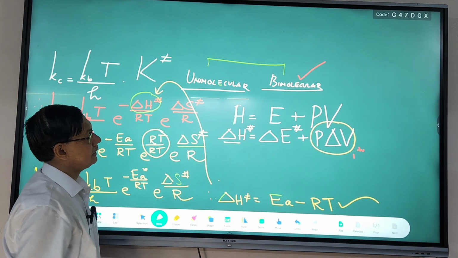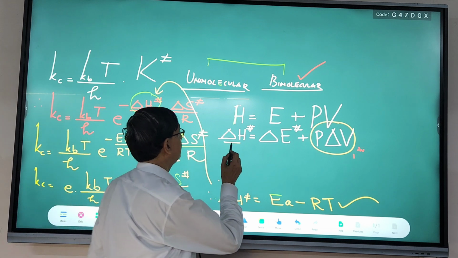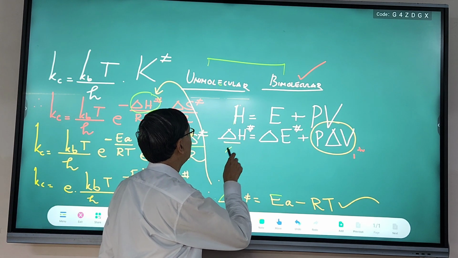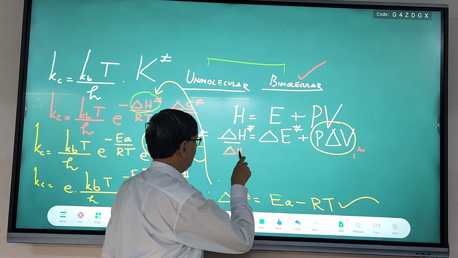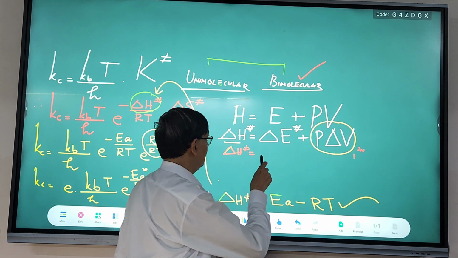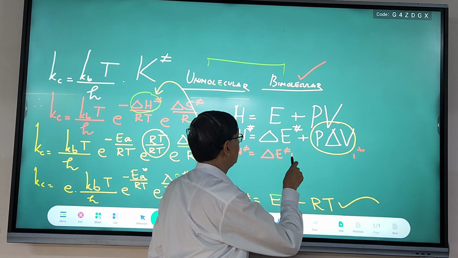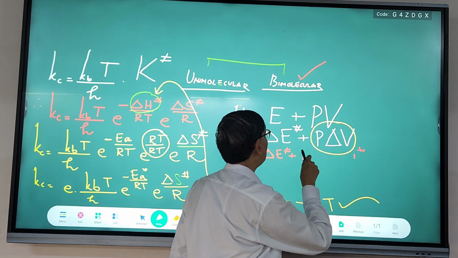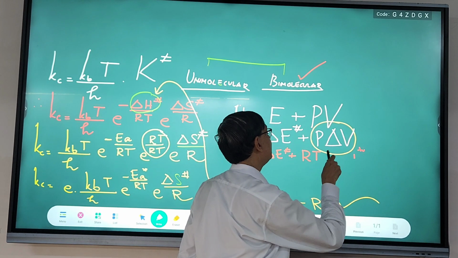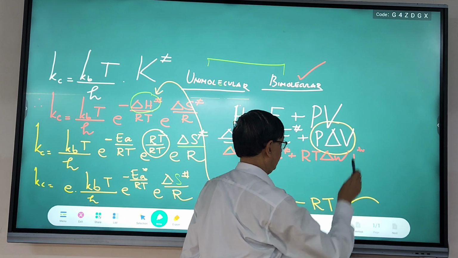If it is a bimolecular reaction, I can write delta H = delta E + P delta V, or you can write RT delta n or delta n RT.